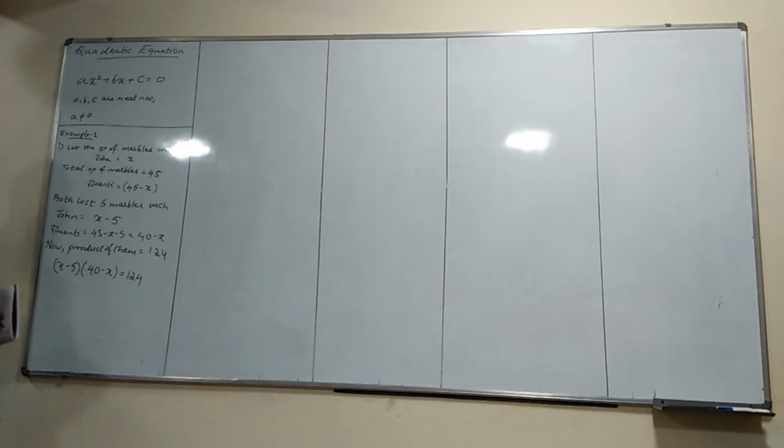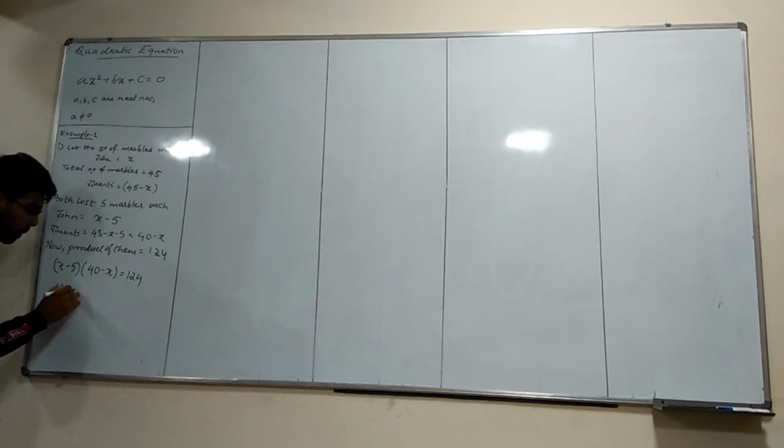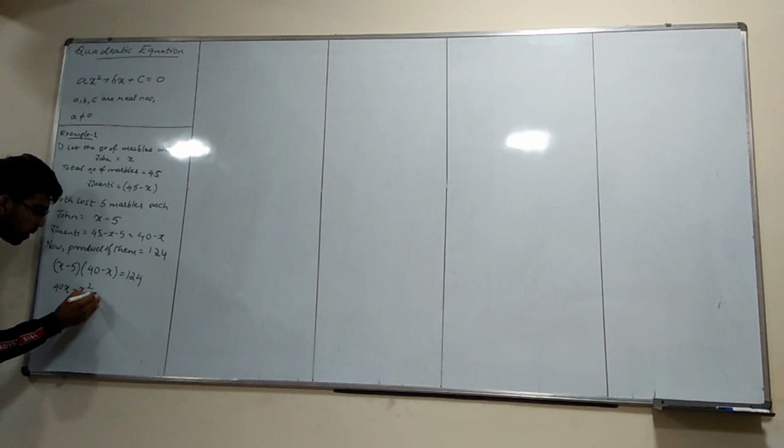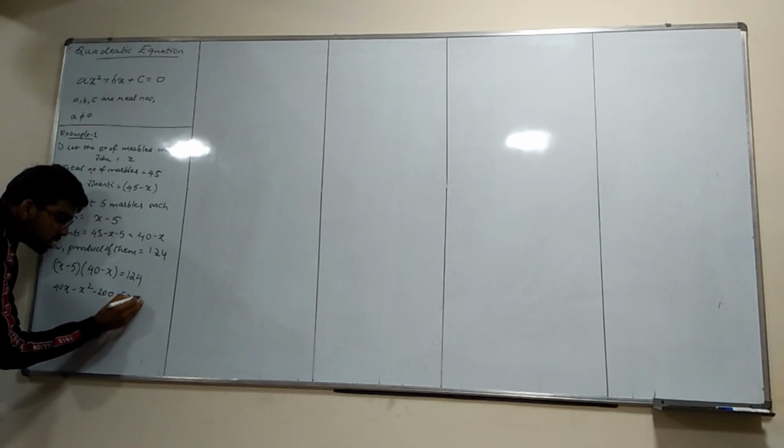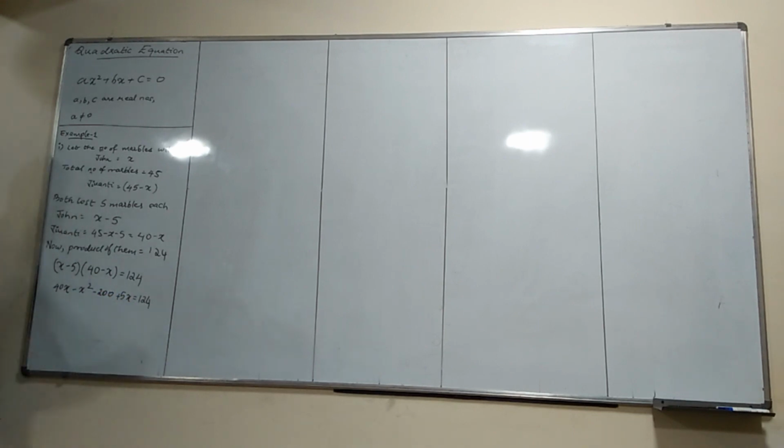Let me remove the brackets. First x into this term, then minus 5 into the term. So you will get 40x minus x square minus 200 plus 5x is equal to 124.